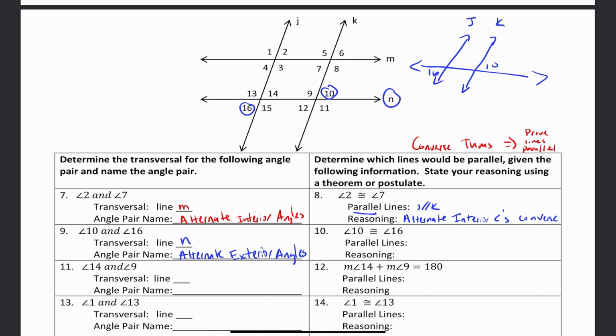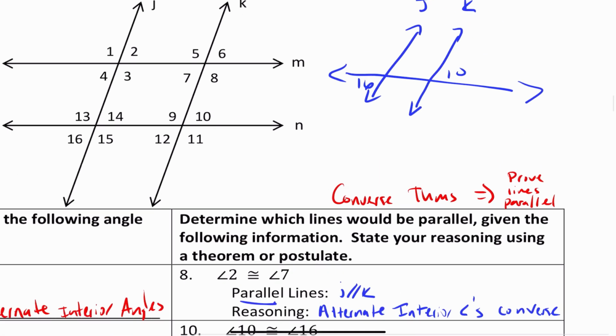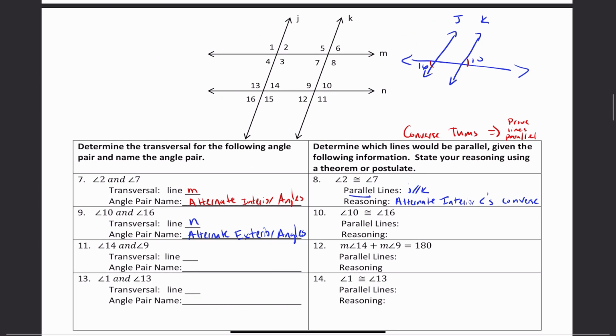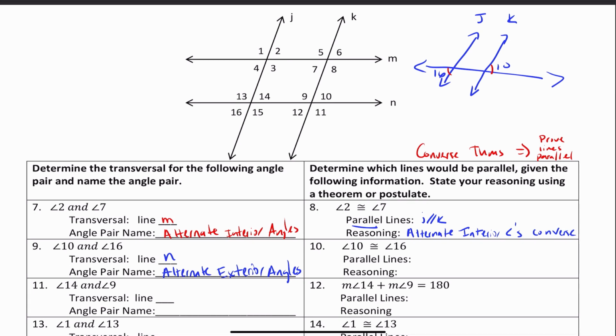So now, we're going to go ahead and do number 10, where we cannot assume that these lines are parallel. So J and K are no longer parallel until we follow the criteria. So in this case, angle 10 is congruent to angle 16. So if angle 10 is congruent to angle 16, and they are alternate, we can see that they're both outside of these lines, okay?